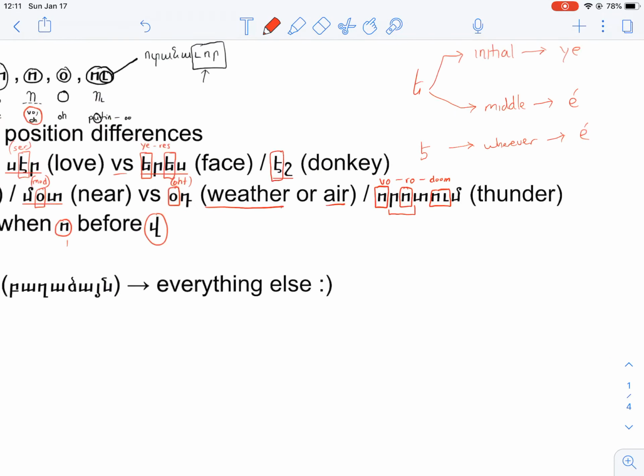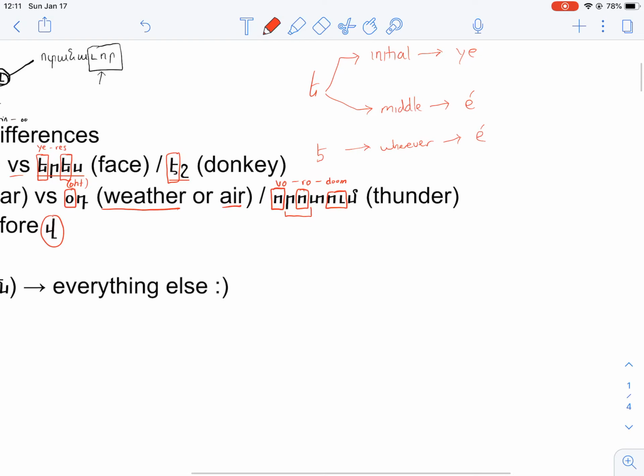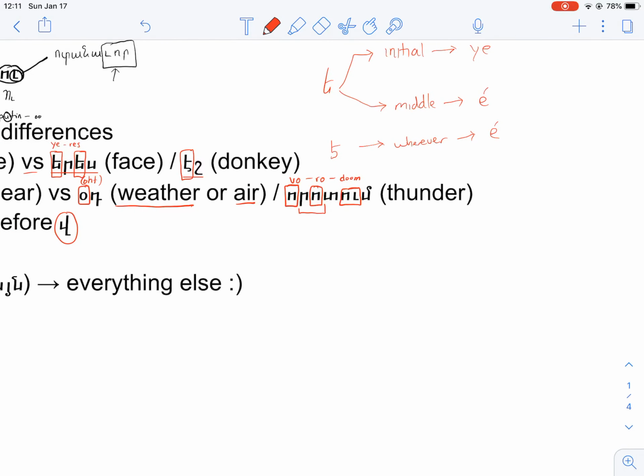Okay? So similar schematic. Vo, in the initial position, pronounced as vo. In the middle, pronounced as o.